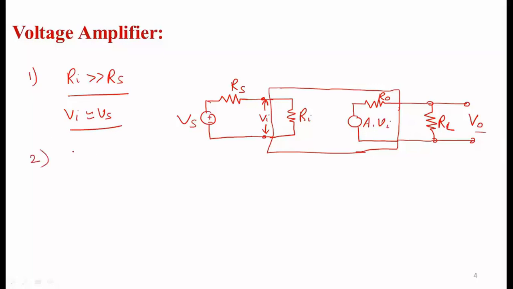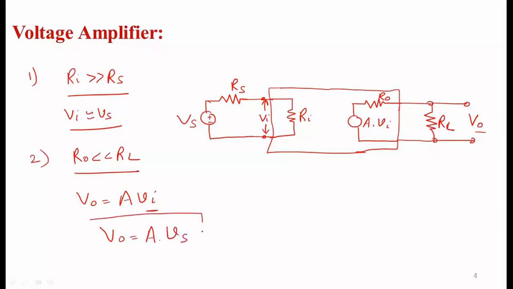If we consider R naught is very much less than RL, then the whole voltage drop will be across RL, and there will be negligible voltage drop across R naught. So with these two conditions, we can say that V naught is equal to A Vi, where Vi is equal to Vs, so V naught is equal to A into Vs.